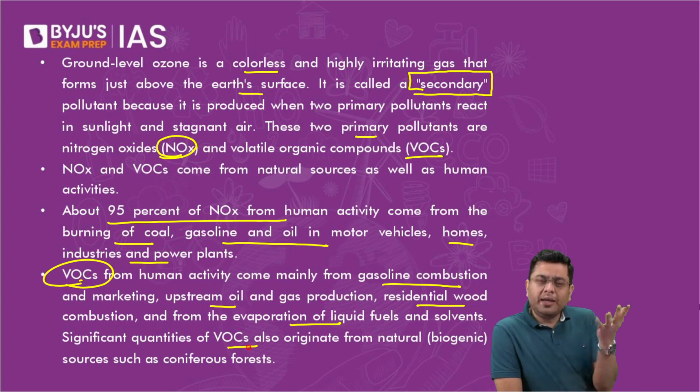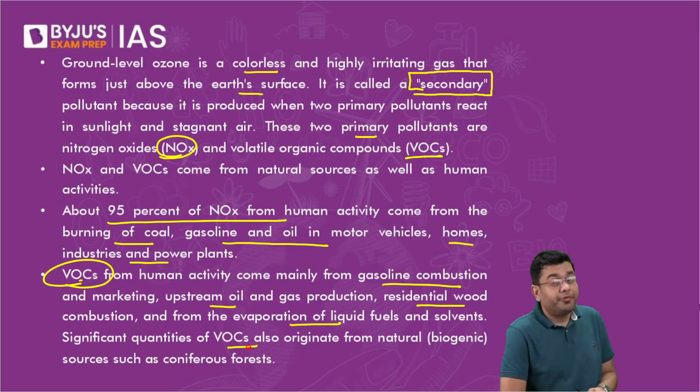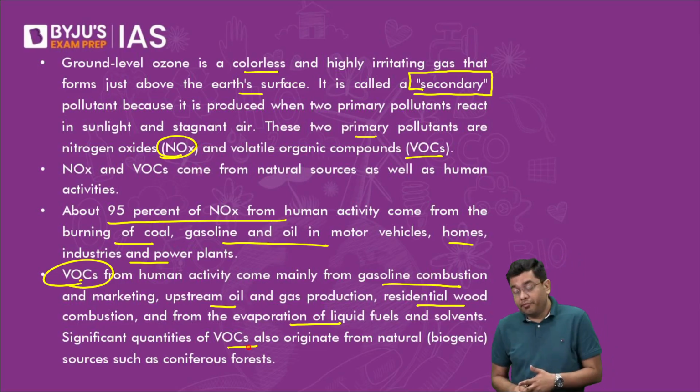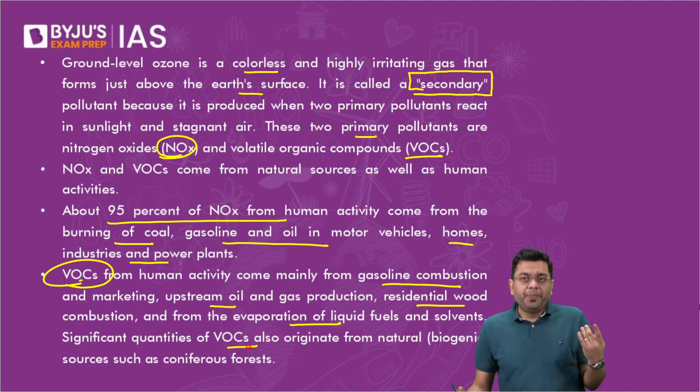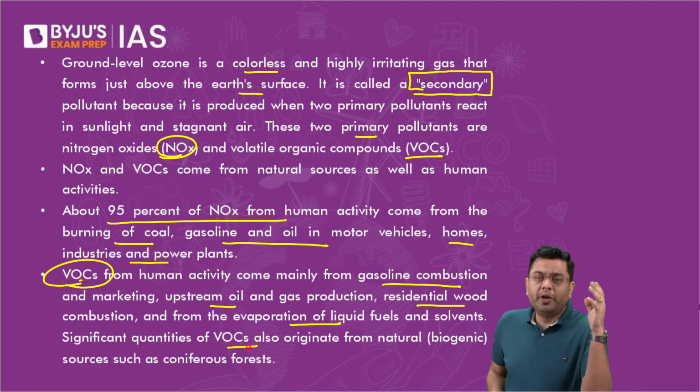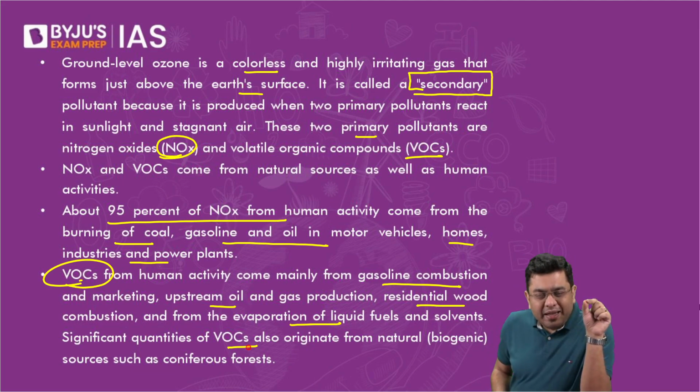So volatile organic compounds will have a lot of hydrocarbons. All of them have hydrocarbons. Coniferous forests, they release a lot of these VOCs also. Yes, very good. For example, your chir pines that you see, majority of the conifers, they release or secrete some amount of sticky fuel or sticky oil from their leaves, right?